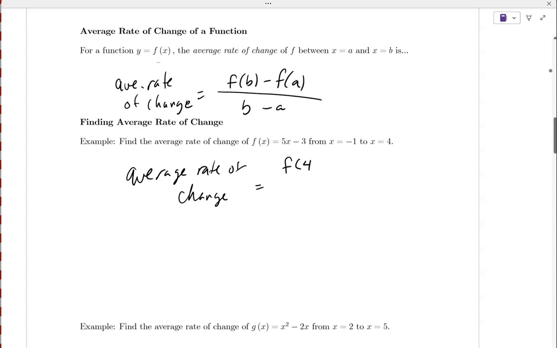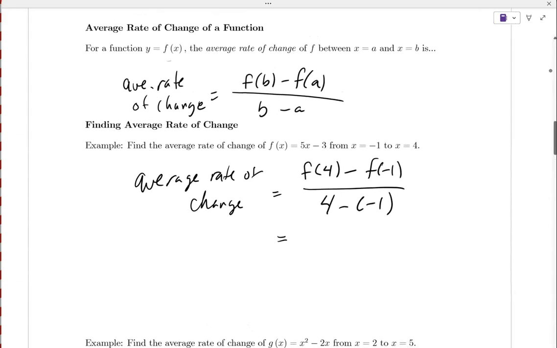Yeah, we'll do f of 4 minus f of -1 over 4 minus -1. What do we get for f of 4 here? 17? All right, we'll do 5 times 4 minus 3, right? That'll give us 17 for that one.